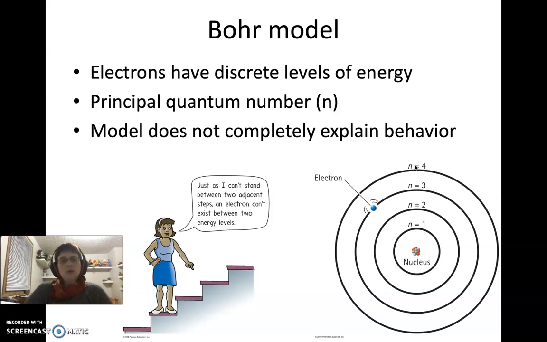But the problem with the Bohr model is it doesn't completely explain the behavior of the electrons. It doesn't completely explain why we get multiple frequencies coming off of it when we get those electrons excited. So the model has been expanded. We still use the Bohr model because the Bohr model, one, is really easy to draw. But we still use a version of the Bohr model.